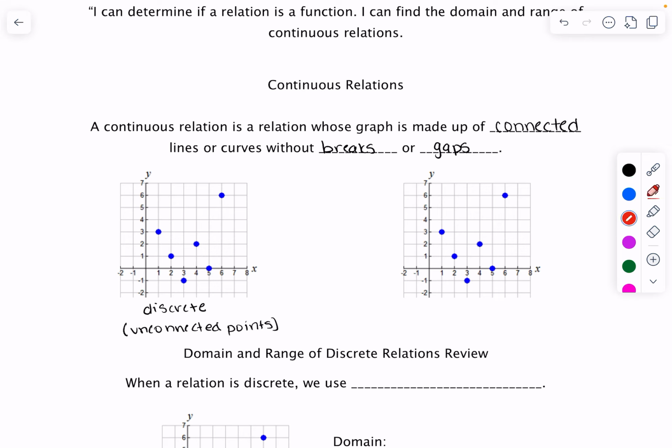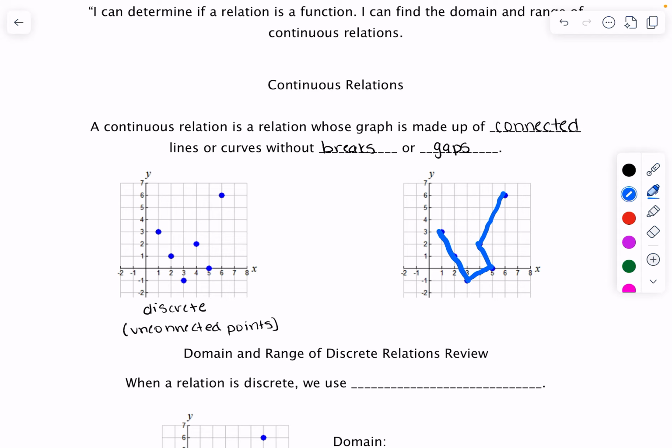But what would happen if I decided to connect the lines? I'm going to make this even a little bit darker so we can see that those points kind of go away. So now there are no breaks or gaps. I've covered up the individual points because when we have something continuous, we shouldn't have little individual points. It should be continuous. Now, I don't want you to connect lines in this lesson.